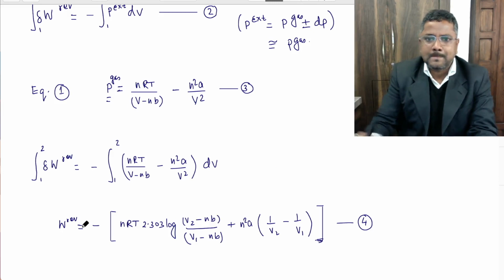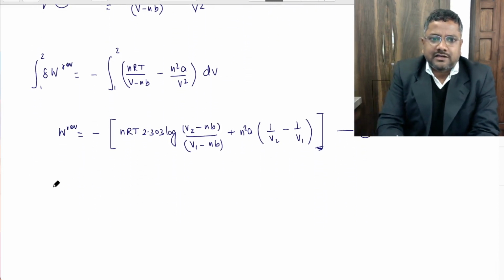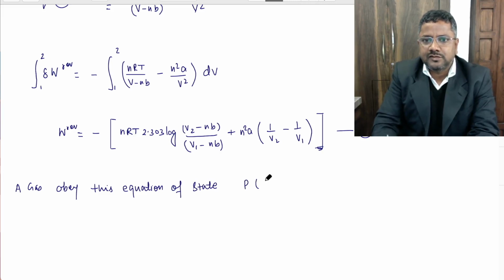Suppose the examiner gives that a gas obeys this equation of state: P(V − nb) is equal to nRT.